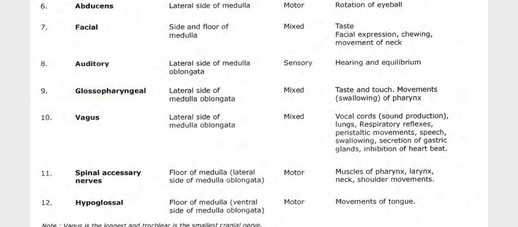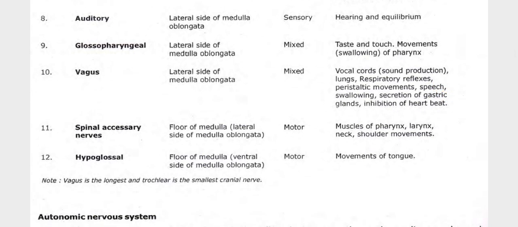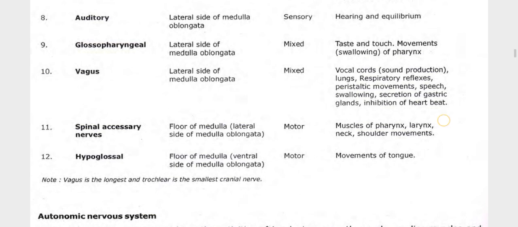Then vagus, lateral side of medulla oblongata, mixed type, vocal cords, sound production, lungs, respiratory reflexes, peristaltic movements, speech, swallowing, secretion of gastric glands, inhibition of heartbeat. Then spinal accessory nerves, lateral side of medulla oblongata, motor, muscles of pharynx, larynx, neck, shoulder movements.